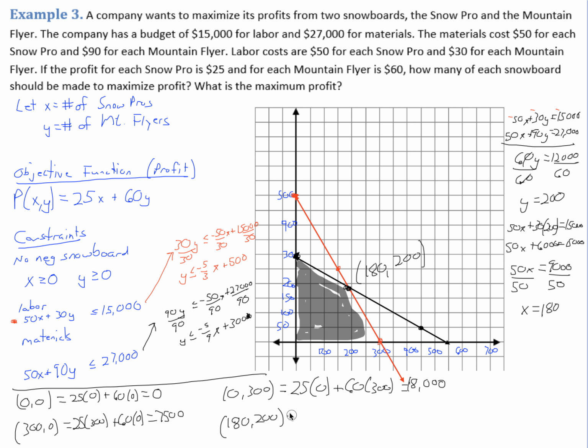And then the last one, we're going to try this point here, so 25 times 180 plus 60 times 200. So 25 times 180 is 4,500.